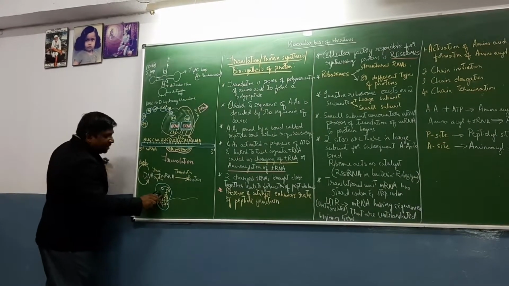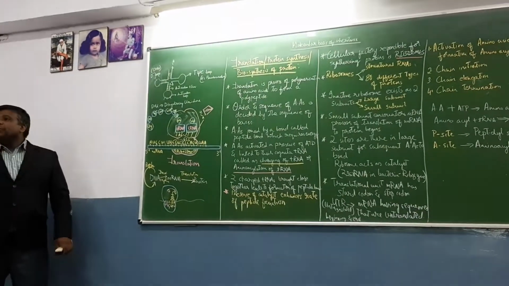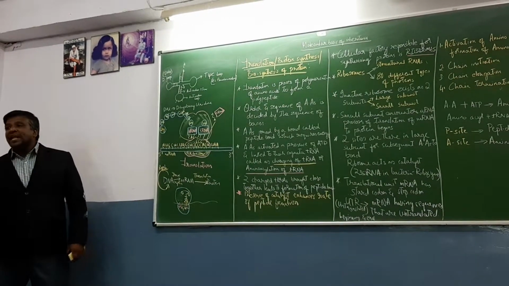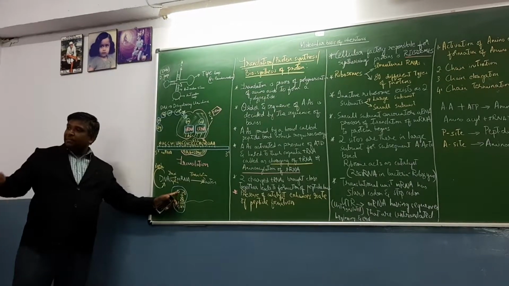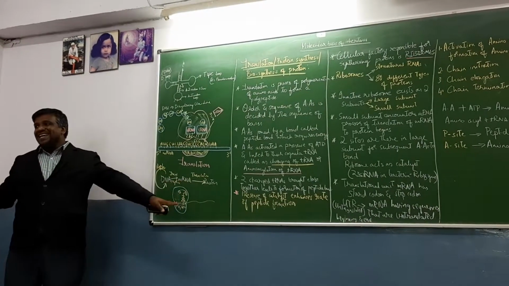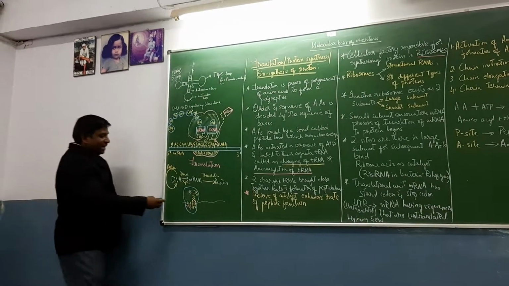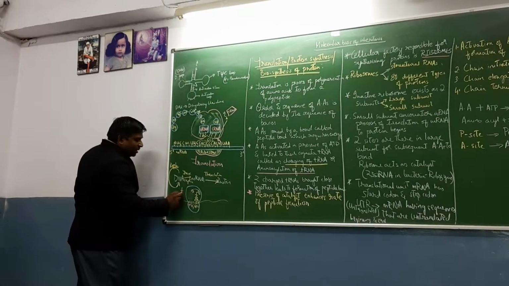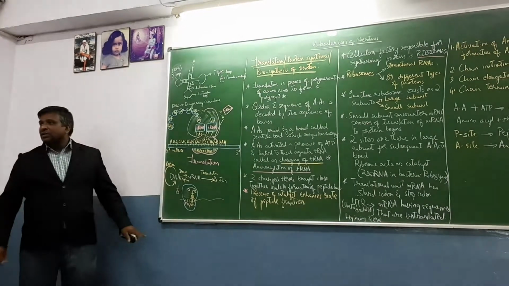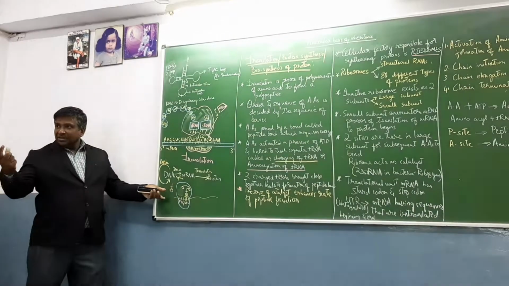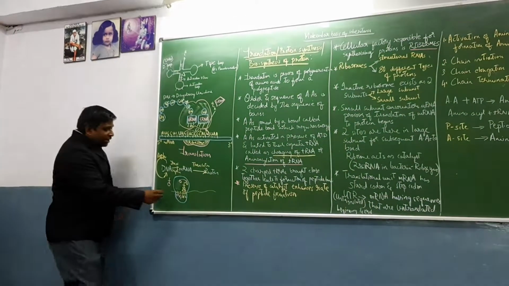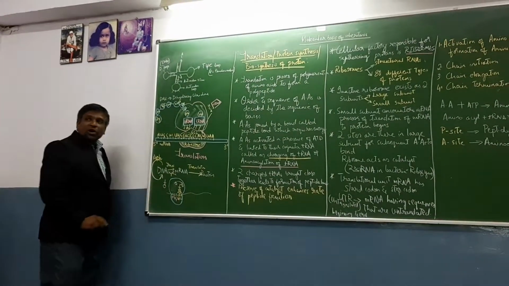They get attached with the help of a catalyst, the peptide transferase enzyme, which transfers the amino acid from the P site to the A site. That vacant tRNA comes out of the complex. Now this initiation complex moves one codon ahead.